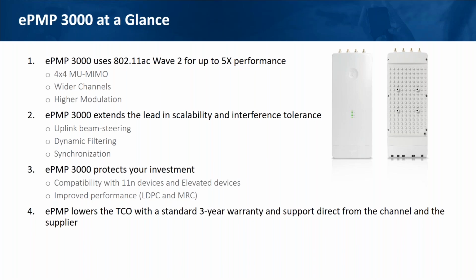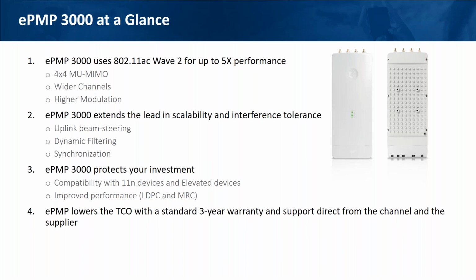So that's on performance, but the other thing that comes with the 3000 is bringing along the features and capabilities that were introduced with the ePMP 2000 and 1000. So we bring along things like uplink beam steering, hardware-based filtering to support rejection of adjacent channel noise, and then synchronization, which is a key aspect of the ePMP portfolio and allows us to scale up to much larger sectors than any of the competition that's out there.